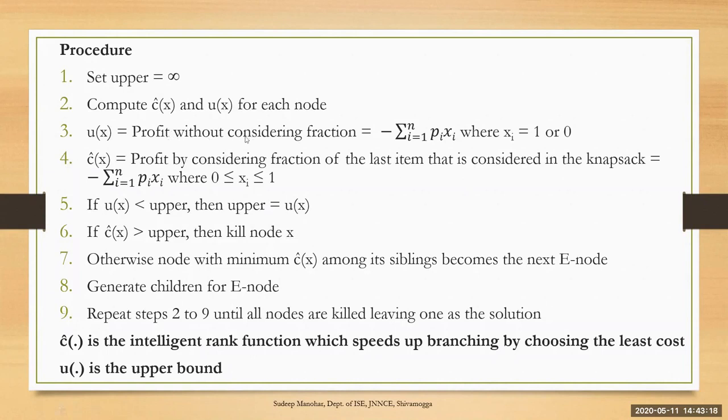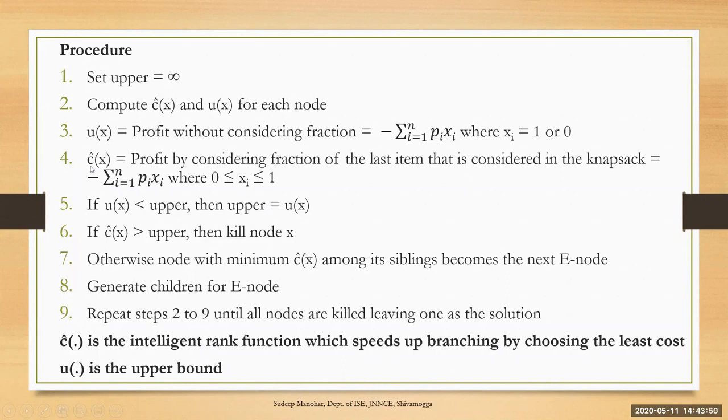That profit, whatever you are getting without considering the fraction, is called U of x, and that is nothing but Pi into Xi. Xi represents whether the item belongs. If it is 1, the item belongs. If it is 0, that particular item doesn't belong. Hence this knapsack is also called 0-1 knapsack. 0-1 knapsack means either the item belongs or it doesn't belong. There is no fractional part in this.